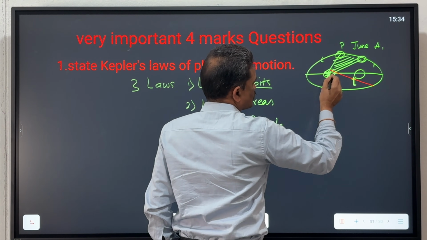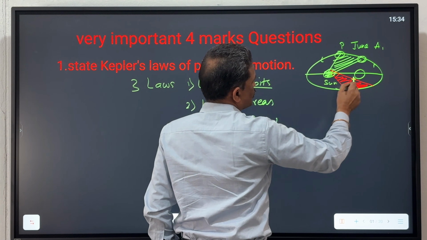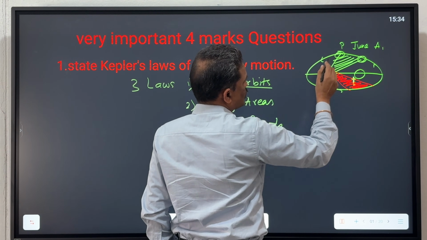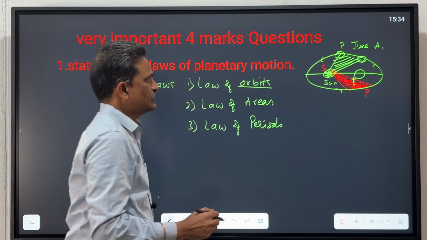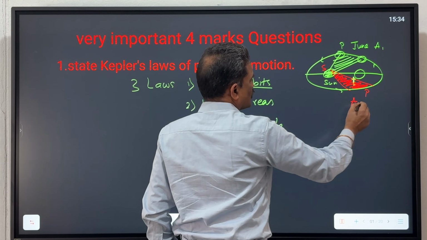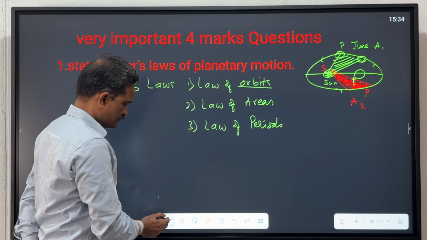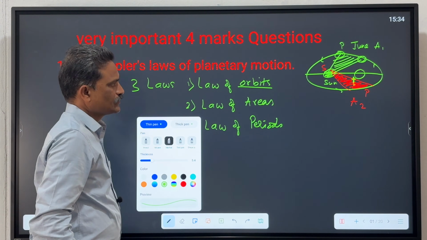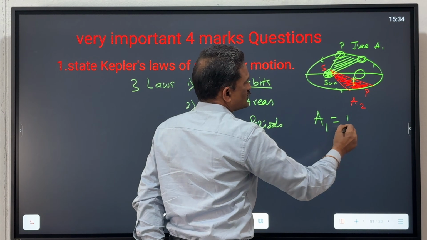In another month, this is the area swept by the line joining the sun and the planet. Let us say this area is A2. According to Kepler's second law, both these areas are equal. So A1 is equal to A2.